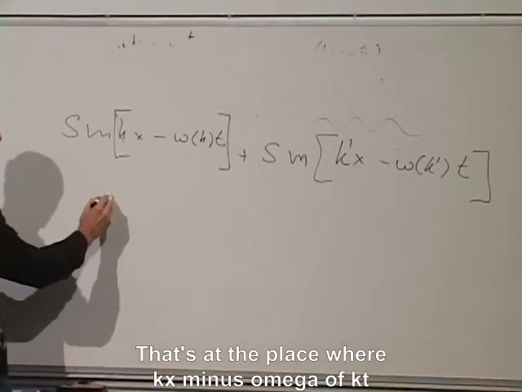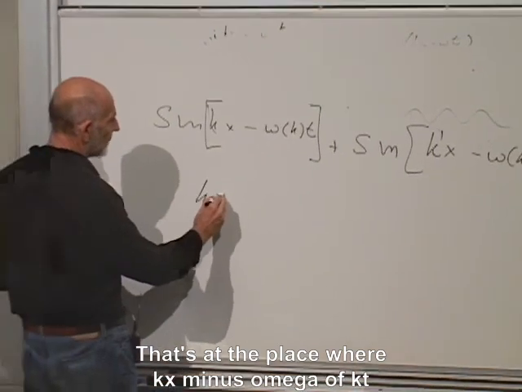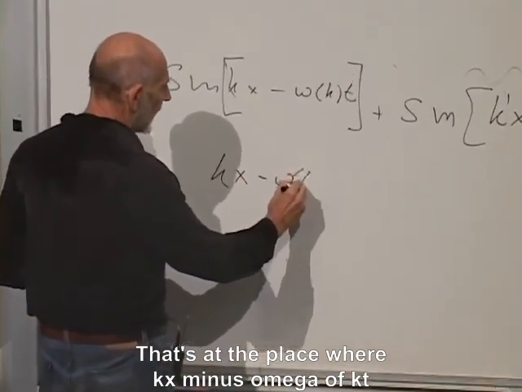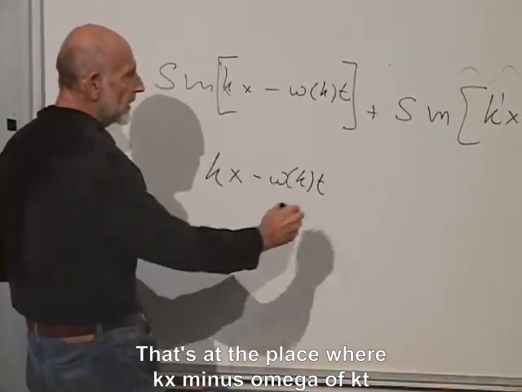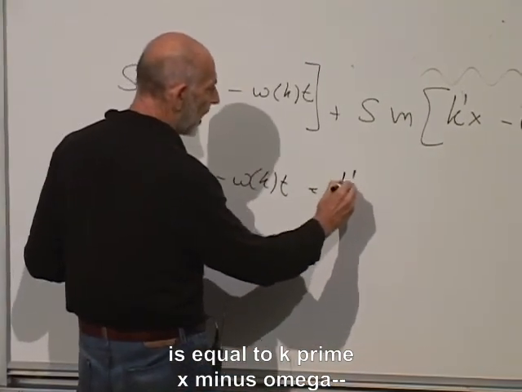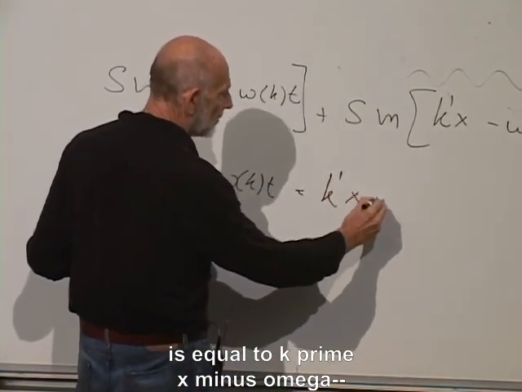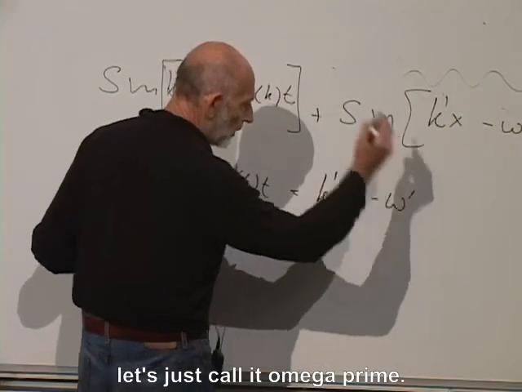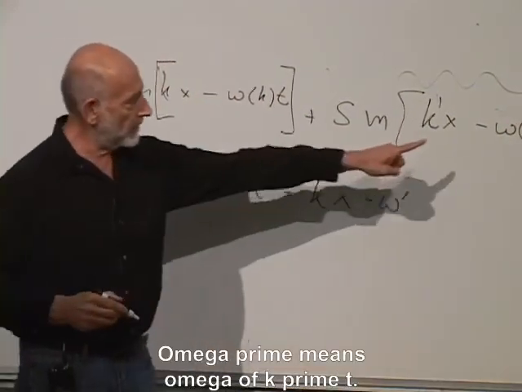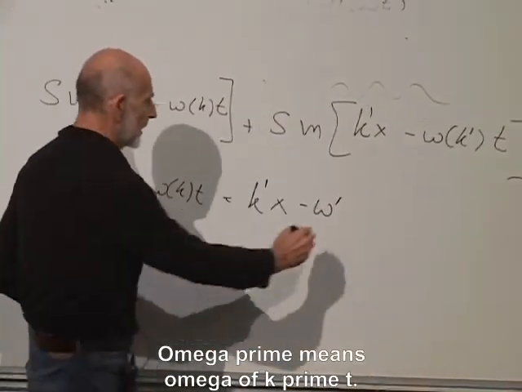That's at the place where kx minus omega of k times t is equal to k prime x minus omega prime t. Omega prime means omega of k prime.